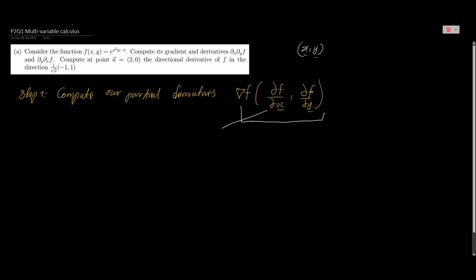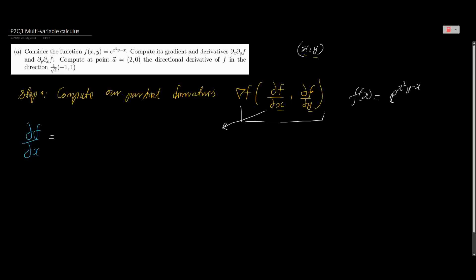And in this formula, we've been asked to compute the partial derivative of our function with respect to x. So what we're interested in doing right now is to compute the partial derivative of our function with respect to x. And we know that our function f is given as e raised to the power x squared y minus x.